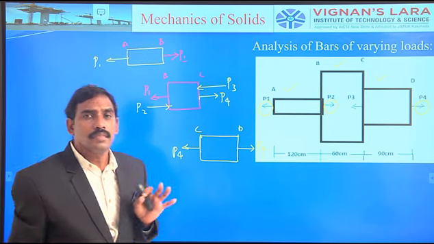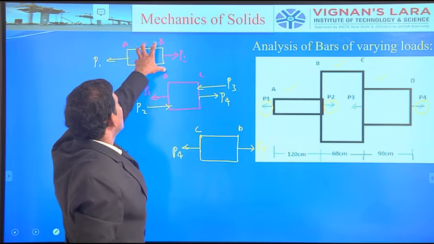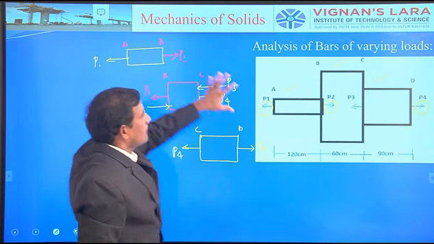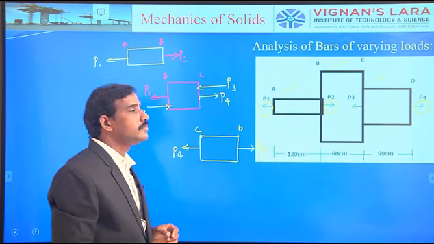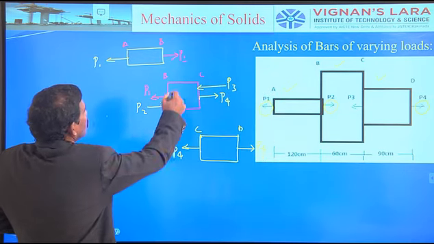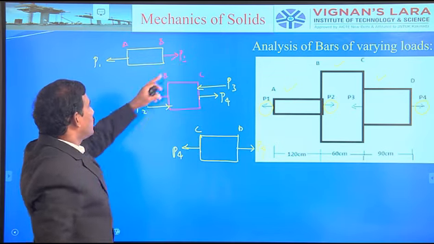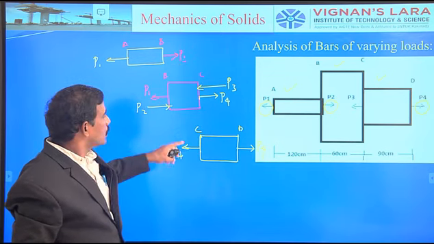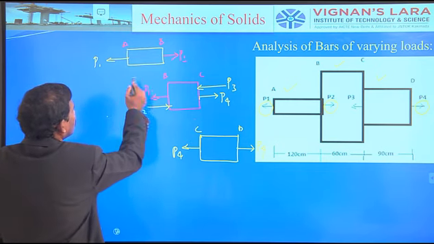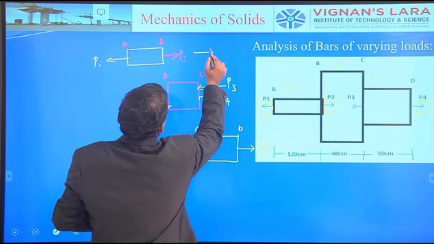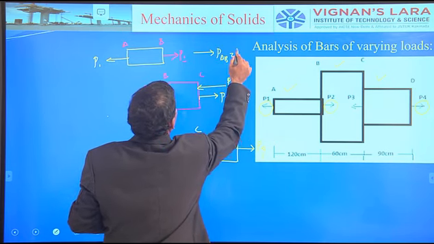What we did, simply first better to show all the forces acting on the first portion AB and the last portion CD. For equilibrium conditions, you have to add or substitute the P1 on both the portions similarly. What about the net force acting on the first portion AB? PAB simply becomes P1.